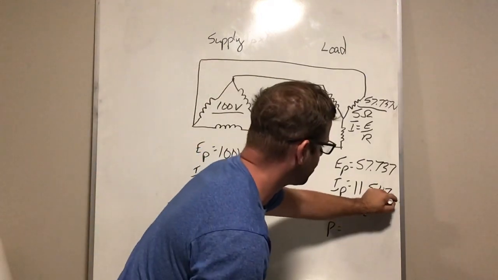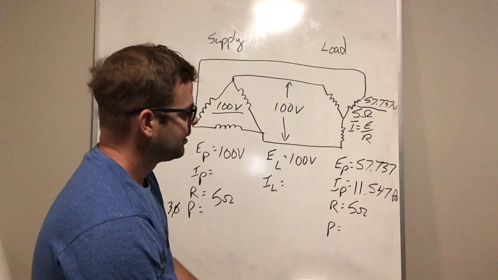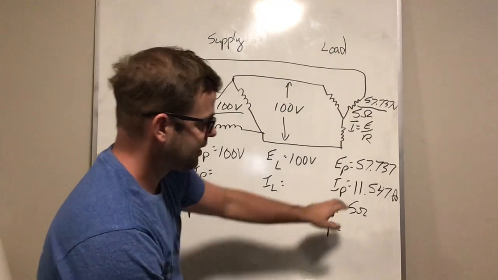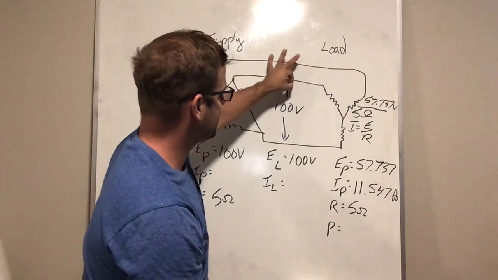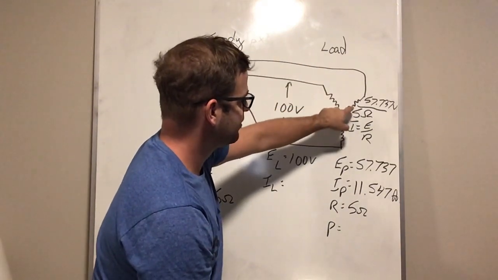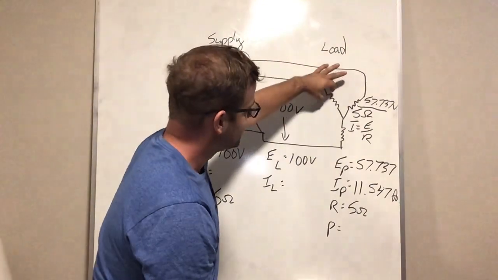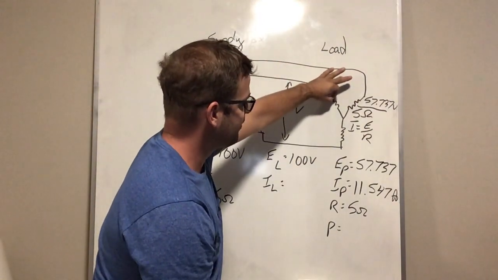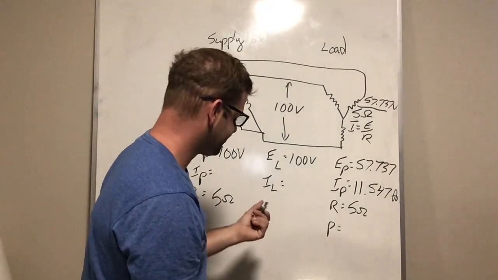So that is our current per phase. And if I were to take that current and look per phase and come out into the line, I'm not adding another load to it. It's still the same point electrically. So if I see 11.547 amps here, I should also see that in my line.